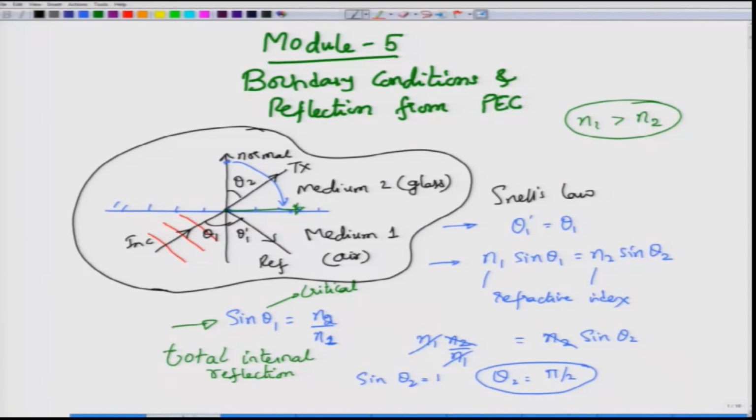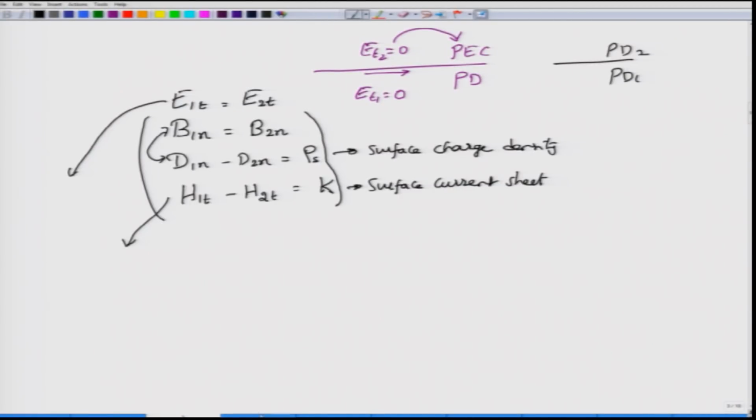So, let us specialize to a very interesting case. This case happens to be an interface between a perfect dielectric and a perfect electric conductor. And then I have a normal here, which of course will be along the z axis, and this one will be along the x axis. This is my interface.